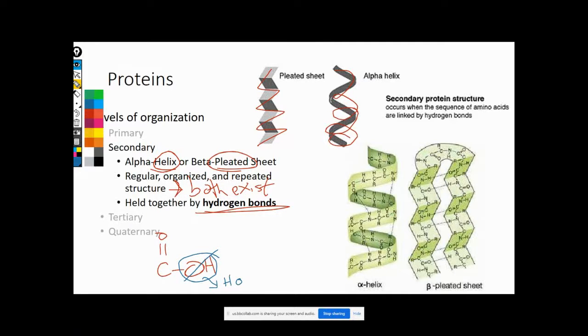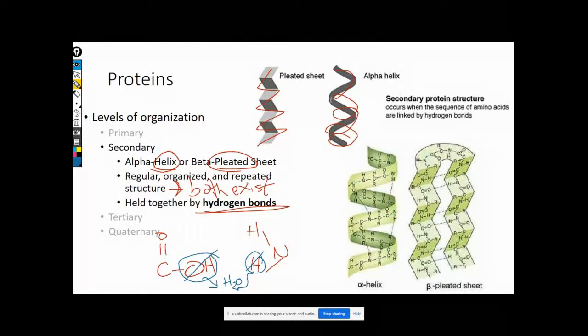And when we think about our amine group, which I've drawn very poorly, that's how it looks, right? Okay, we also lost an H to the water during dehydration synthesis, right? Okay, that's how Jane and Carl held hands.